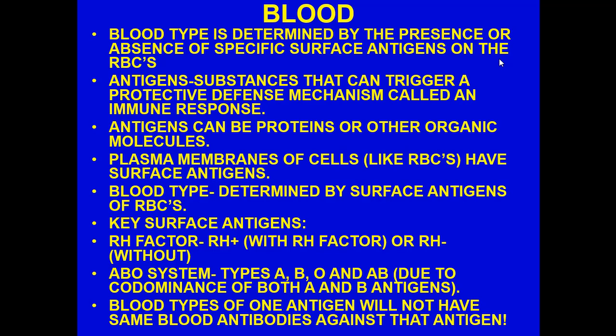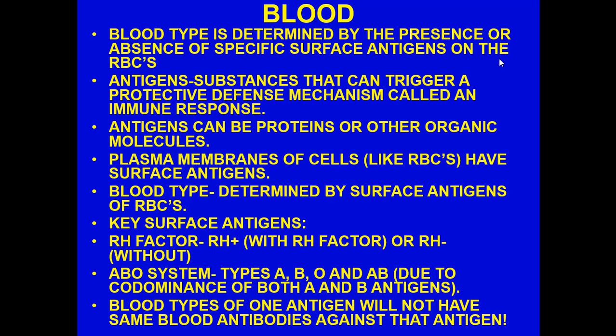Blood type is determined by the surface antigens of red blood cells, and there are only really two major blood typings out of a variety of other antigens on that surface that we pay attention to. The Rh factor: if you have the Rh factor, you're Rh positive, or if you lack it, you're Rh negative.